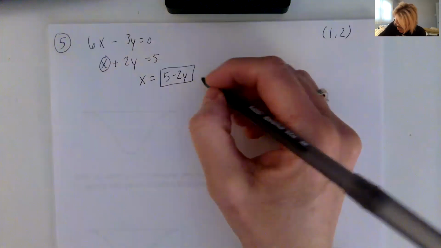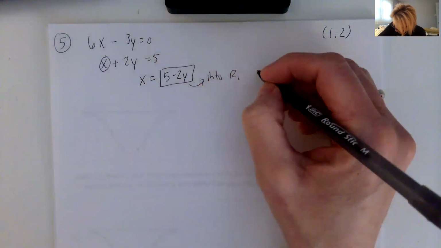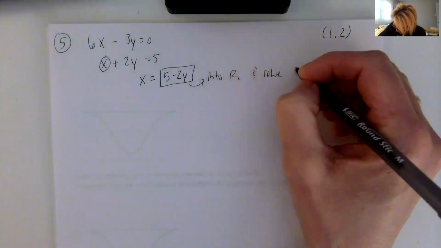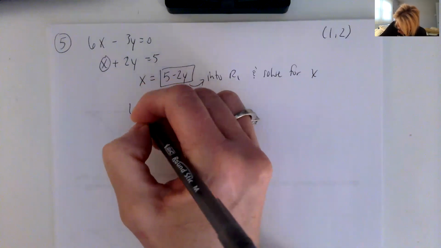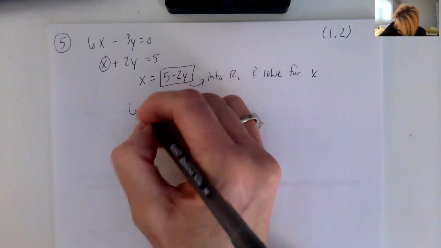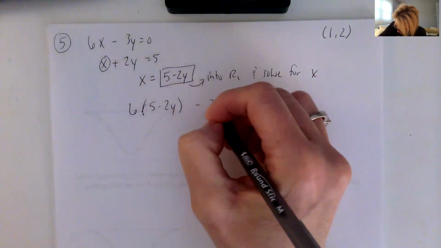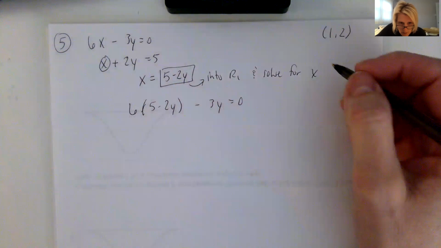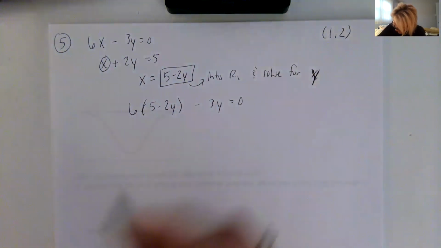So we can put this into row 1, and then you're going to solve for the opposite variable x. So 6, and since x is 5 minus 2y, and then minus 3y equals 0. We should have an equation all in y's. Oh, we're solving for y. Sorry about that. We're solving for y.